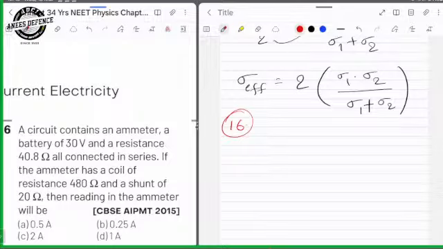If the ammeter has a coil of resistance 480 ohm and a shunt of 20 ohm, the reading in the ammeter will be.